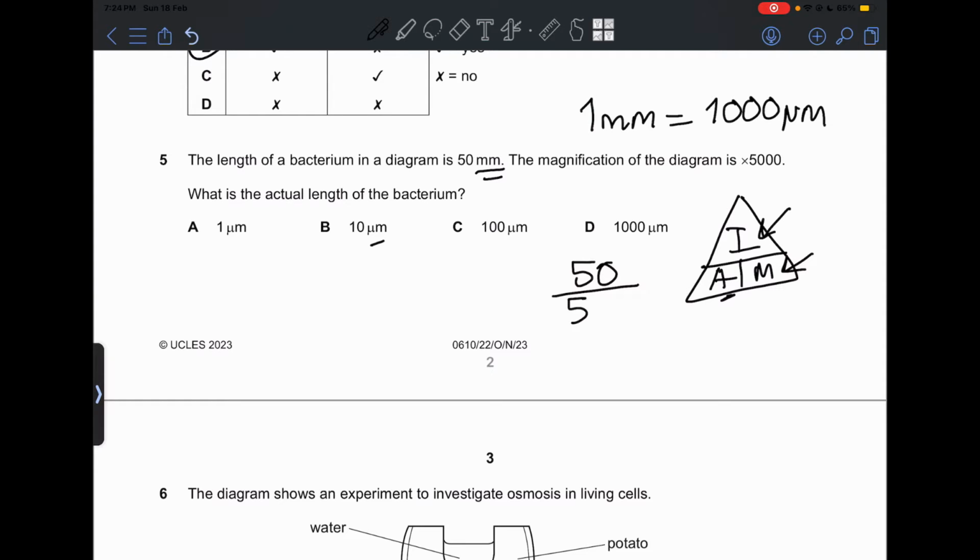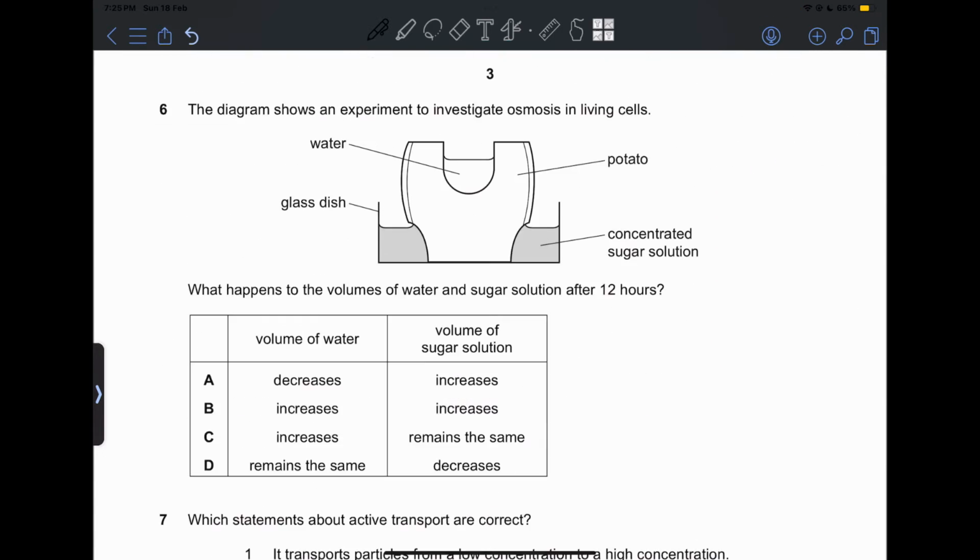So you're going to be dividing over 5000. You're going to get 0.01 millimeter. Of course, you're going to be multiplying by 1000 because you're converting from millimeters to micrometers, and when you do that, you're going to get 10. So your answer is going to be B, which is 10 micrometers.